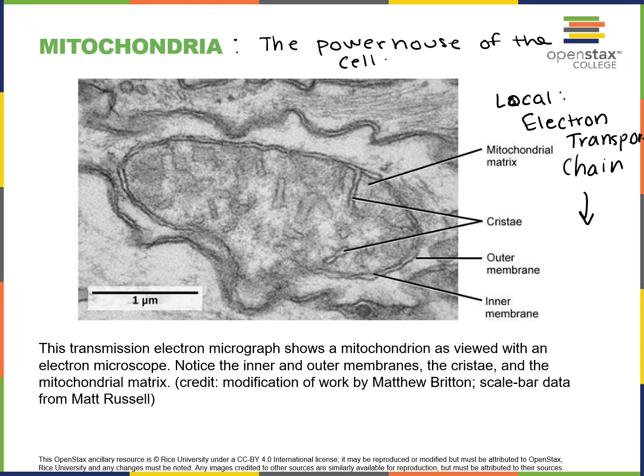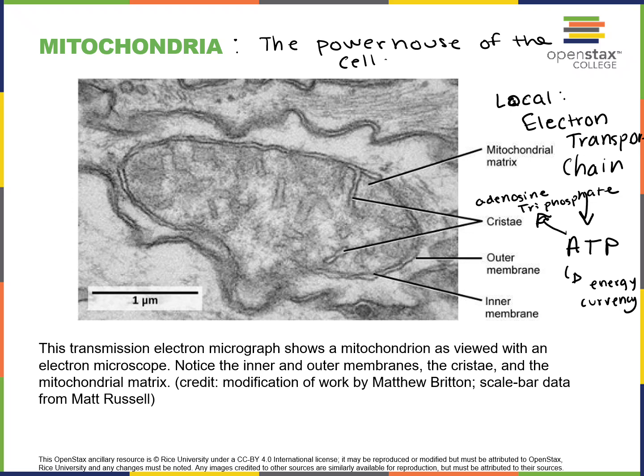And that electron transport chain is what makes all of our ATP, which is our body's energy currency. ATP is just the acronym for adenosine triphosphate. Sorry, I know it doesn't really fit.